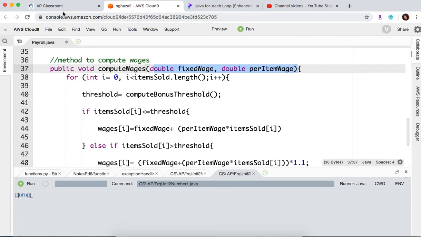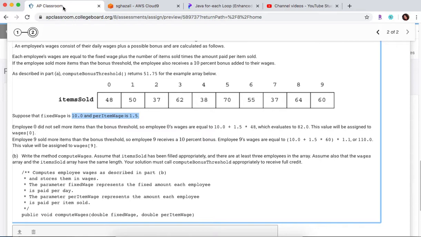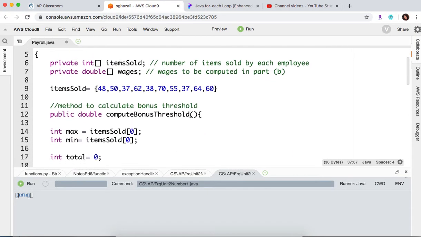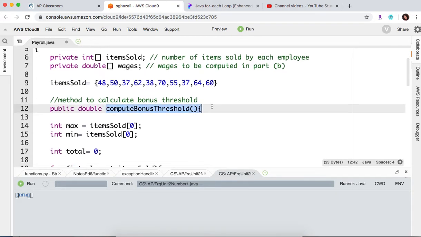Okay, so employee 0, they're looking at the items sold array, which is a field, right? So employee 0 did not sell more items than the bonus threshold. So remember, the bonus threshold is calculated using this method. So that's how we would know what the bonus threshold is.